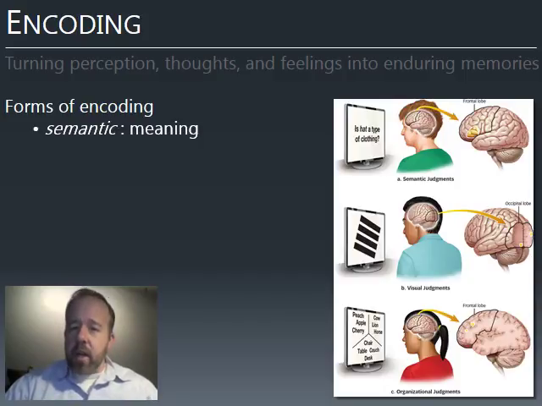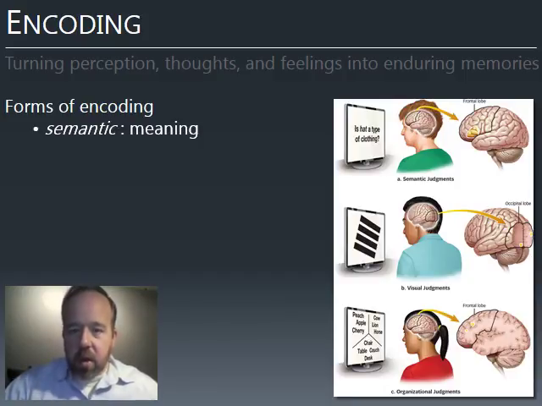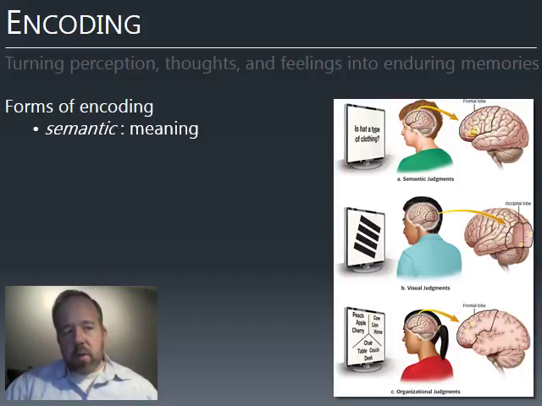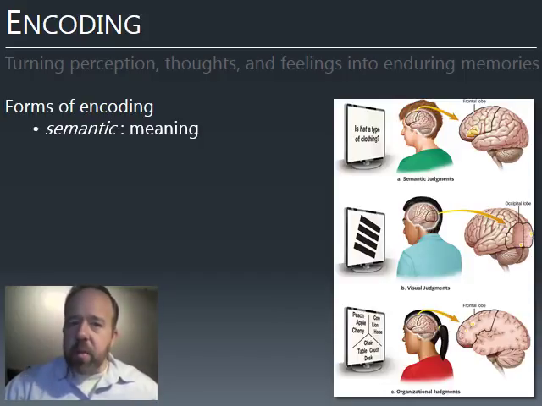And semantic here, and this word will crop up again and again, semantic has to do with meaning. So when you have a semantic debate, you're debating over the meaning of words or phrases, for example.